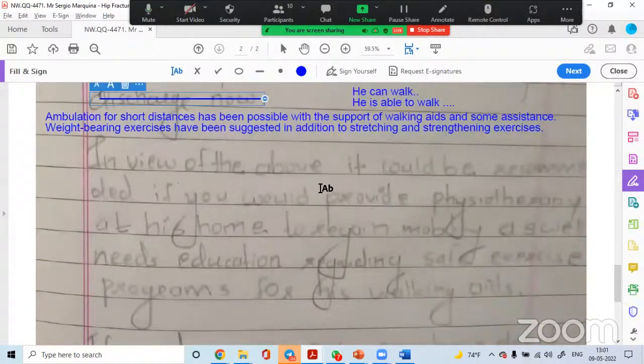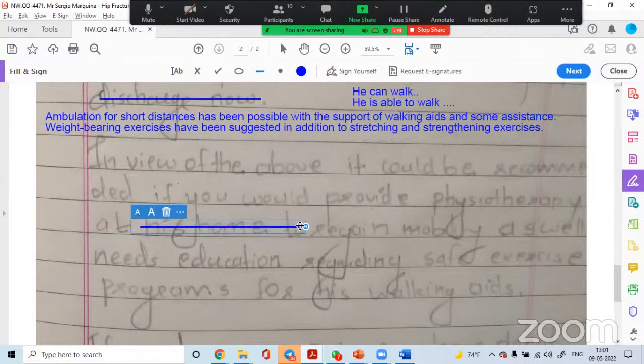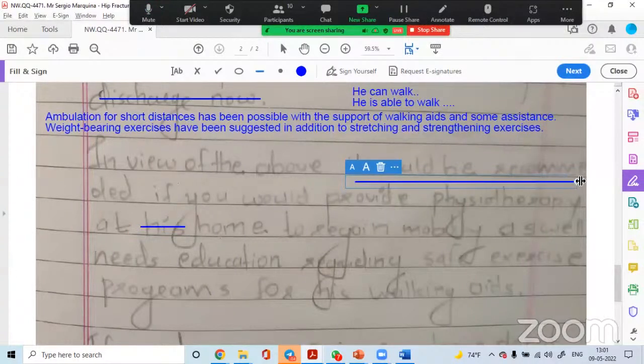In view of the above, it could be recommended if you would provide physiotherapy at his home. Not your home, not my home. So no need of this one. At home, that is enough. His home, only one patient. In view of the above, all this long sentence doesn't add much. It's monotonous.